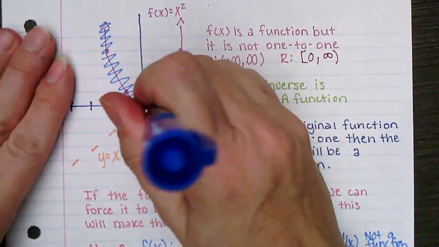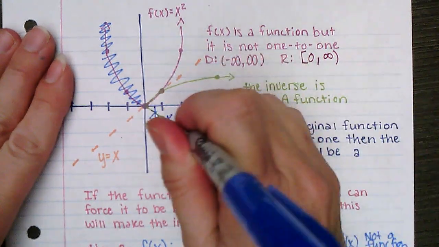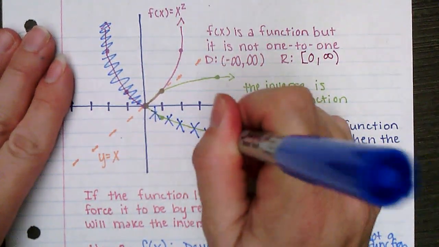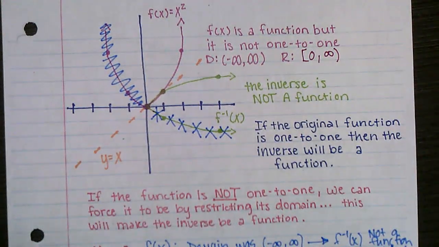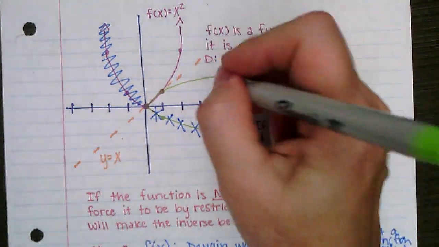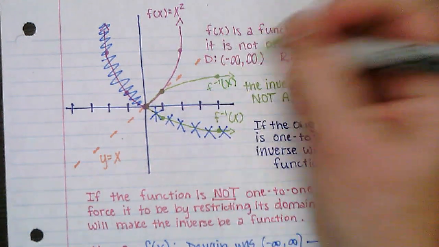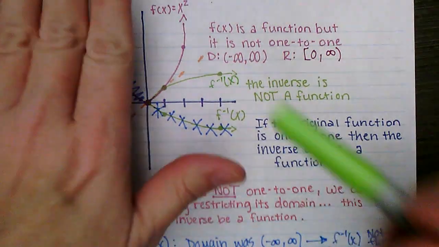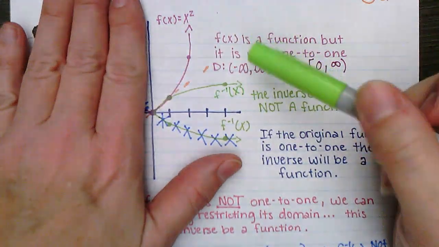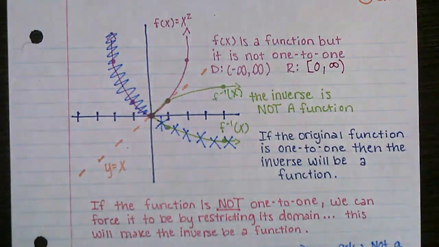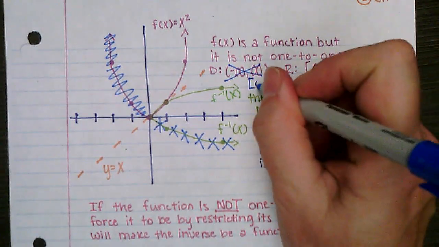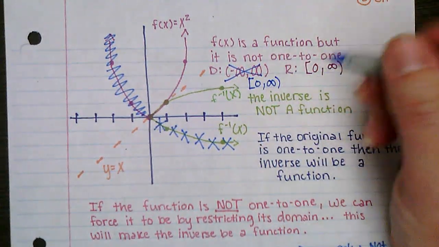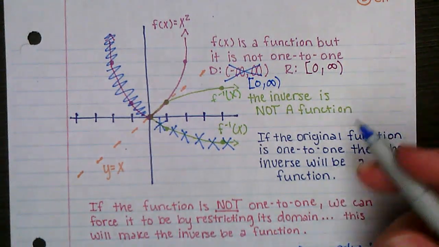So now this part would not be here anymore, which makes f inverse into a function. So I should label that up here. So now f of x is x squared with a restricted domain. So now I'm going to restrict my domain. Instead of negative infinity to infinity, I'm going to restrict it to 0 to infinity so that my inverse will be a function.